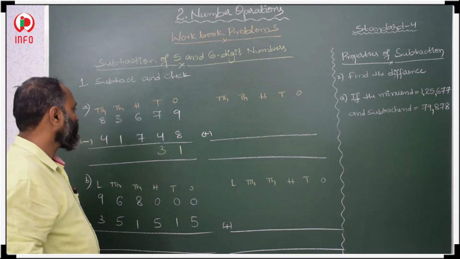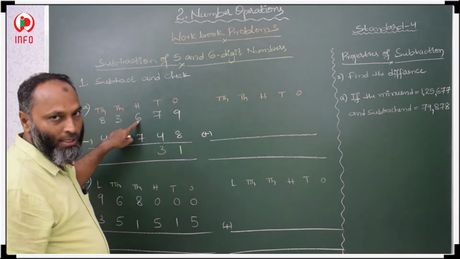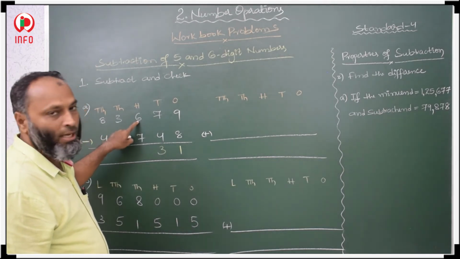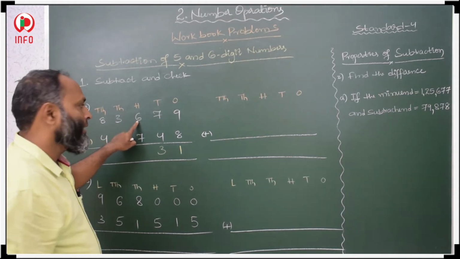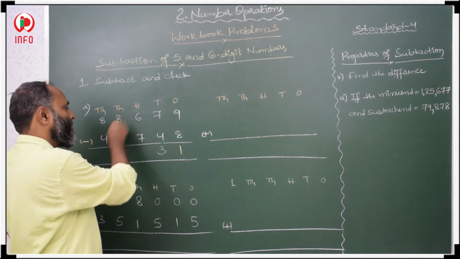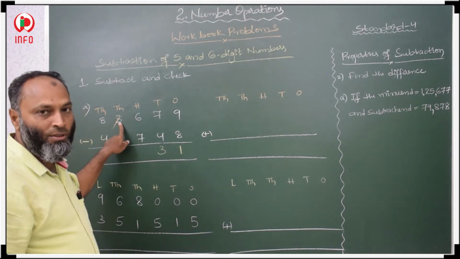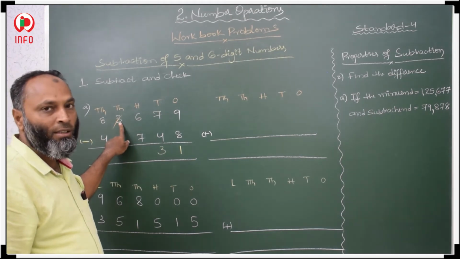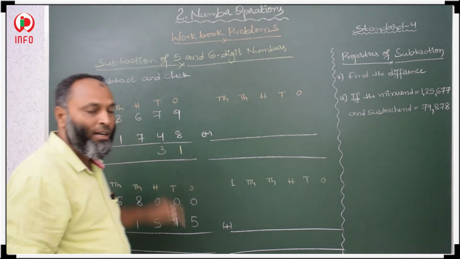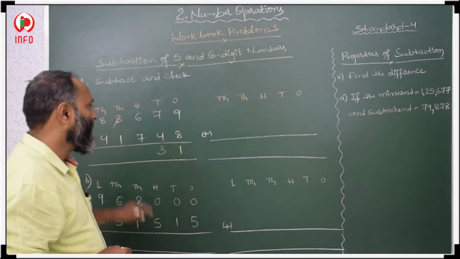Here 6 is in the hundreds place, so this is 600. You have to take 1000 from here. 1000 we are taking as borrow. In 1000, how many hundreds are there? In 1000, 10 hundreds are there. 10 hundreds make 1000, so we have to regroup it.